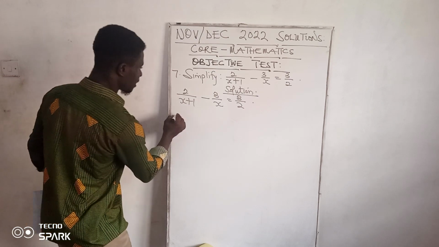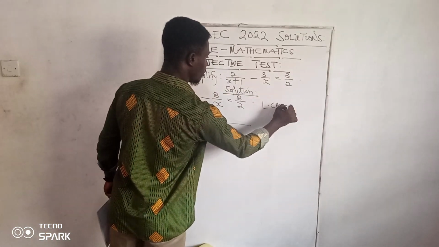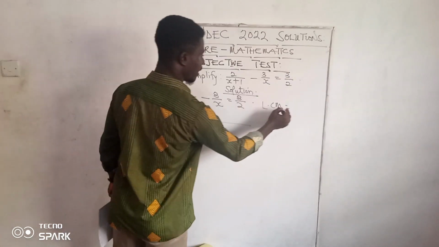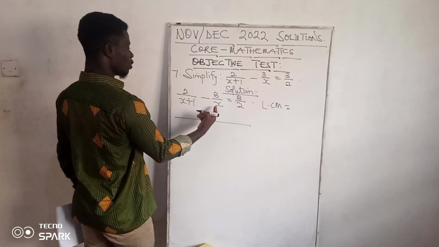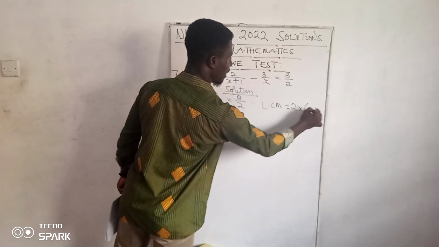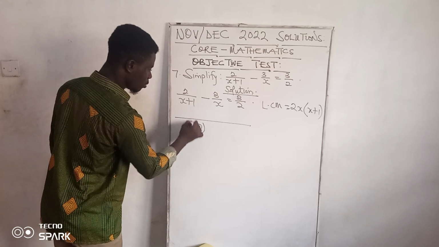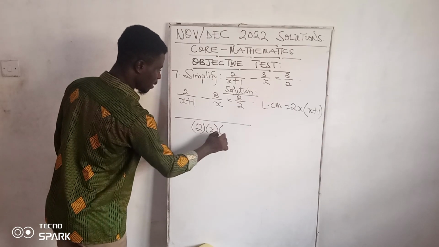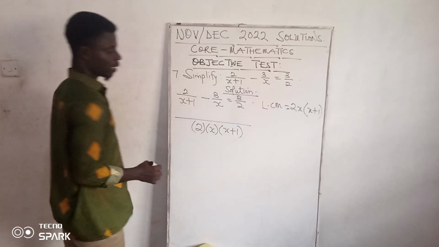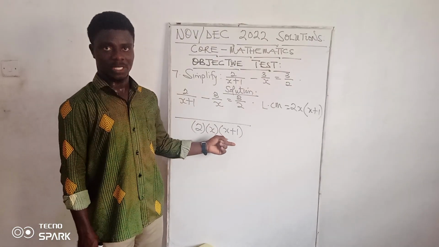So our LCM will be the whole of these, which is 2 multiplying x multiplying x plus 1. So I get 2x multiplying x plus 1. I'm doing it like this for somebody to understand.